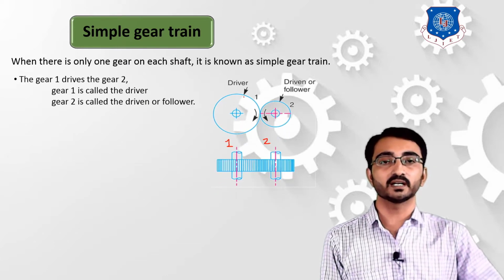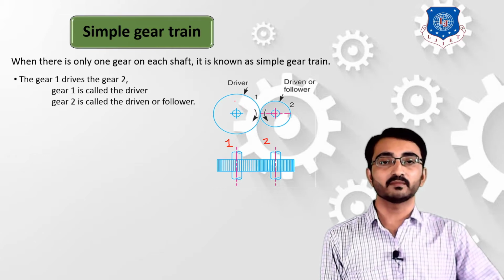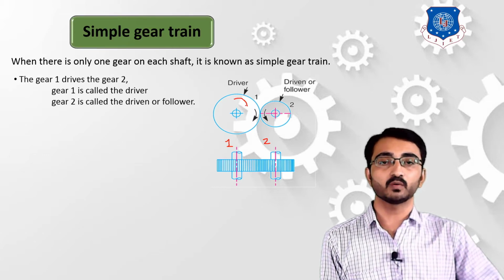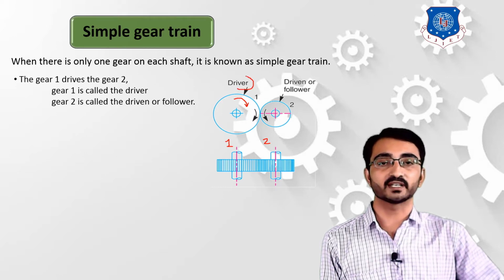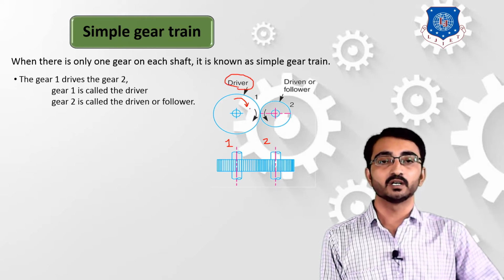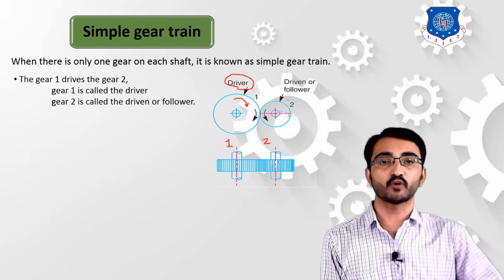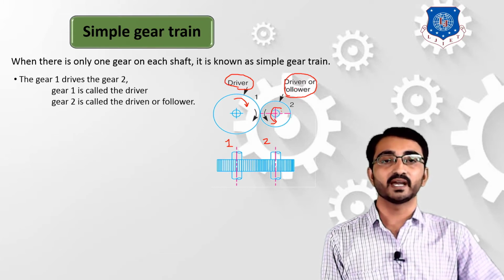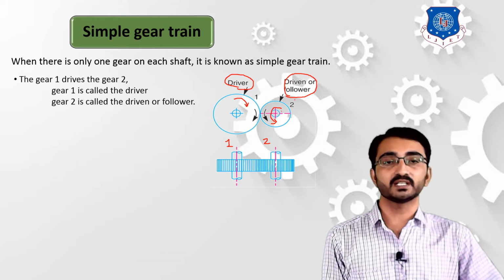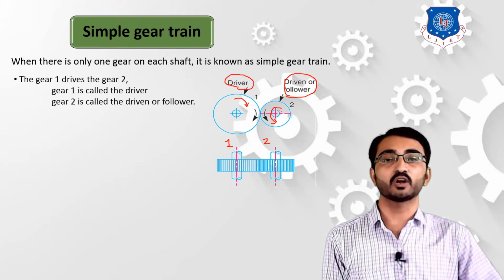If we rotate shaft number 1 in the clockwise direction, it is termed the driver gear, and this driver gear will rotate the follower gear, or driven gear, in the anti-clockwise direction. The shaft which is transmitting power is termed the driver gear, and the shaft which is receiving the power is known as the driven gear or follower gear.